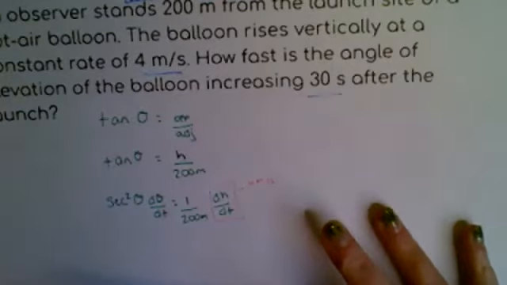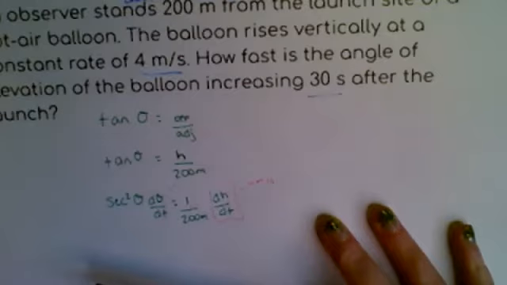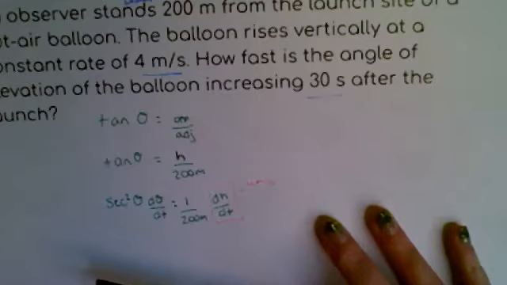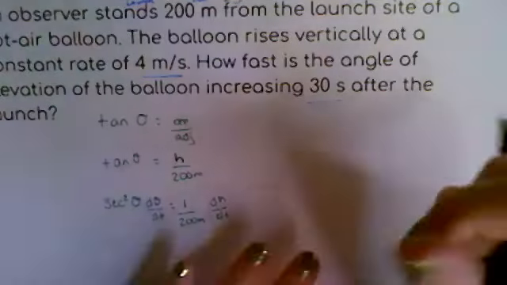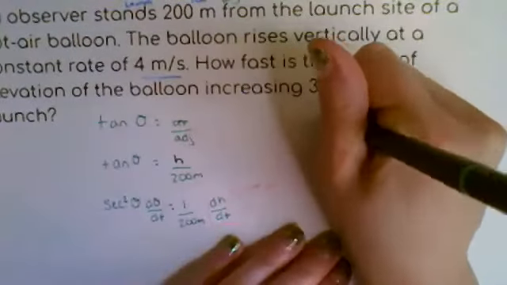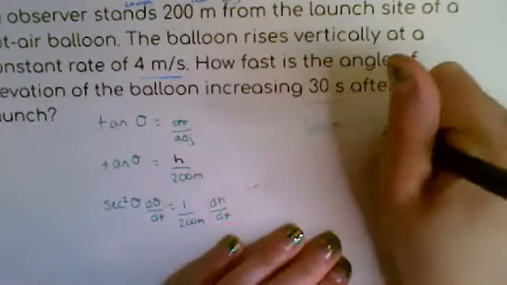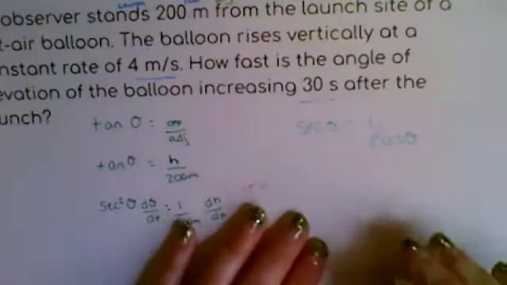What I want you to think about is the fact that we have secant. Secant, remember, is the same as 1 over cosine theta.